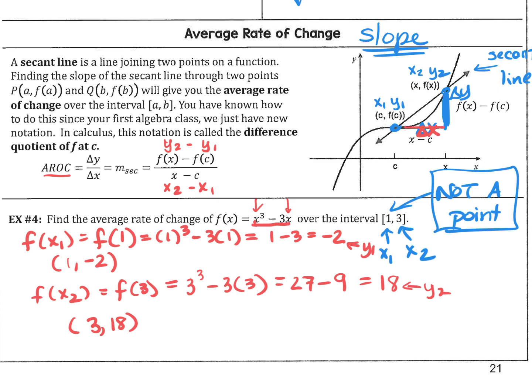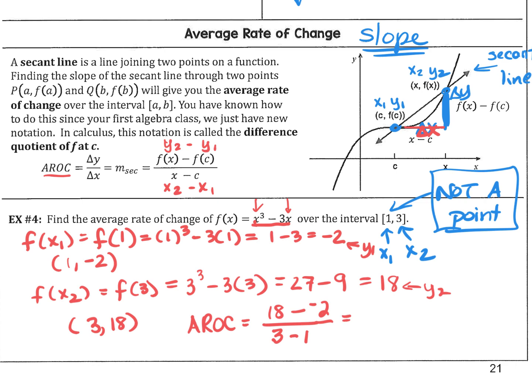So now we find the slope. AROC, average rate of change, is y sub 2 minus y sub 1, over x sub 2, which is 3, minus x sub 1, which is 1.